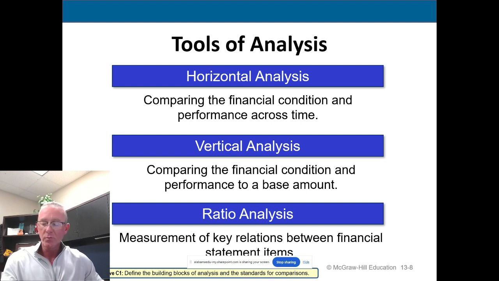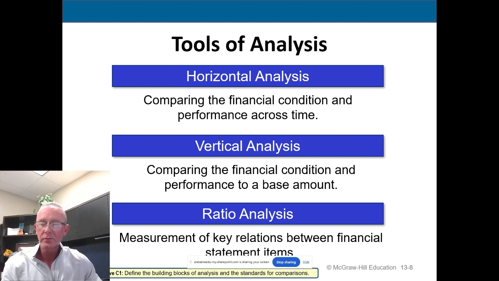Then going forward, if I have 5,000 in cash in 2019, that's 100%. The next year, if I have 6,000 in cash, what percentage of the 5,000 do I have? It's 120%, or whatever the ratio is. I would go horizontally and start with the oldest first.